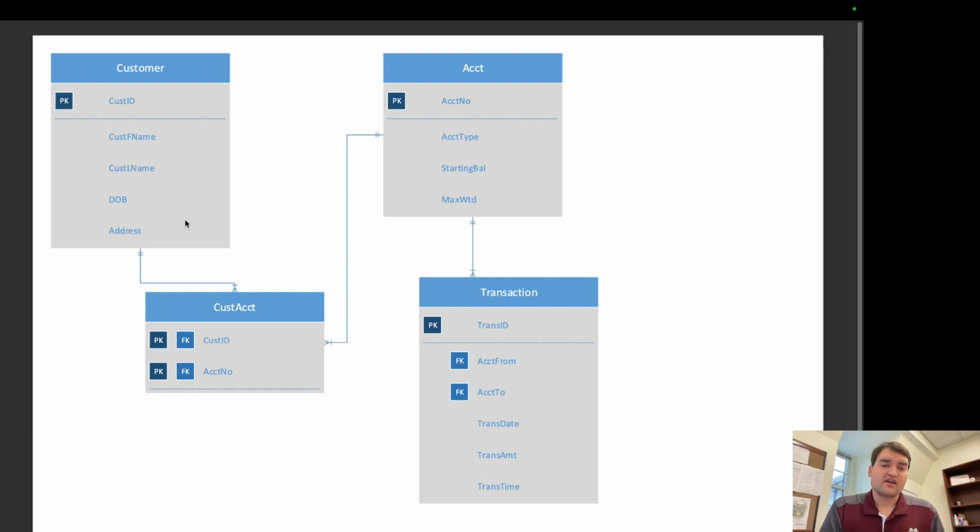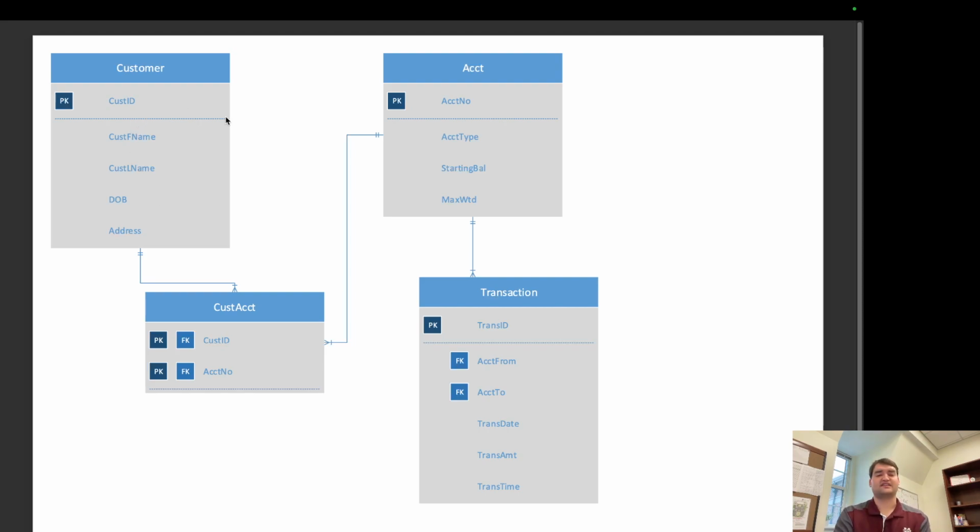Now, for each of those attributes, we want to have at least one attribute that can uniquely identify each instance of the entity. An instance of the entity is essentially an actual occurrence of it. Or if you're talking in terms of database terms, the instance is the row.